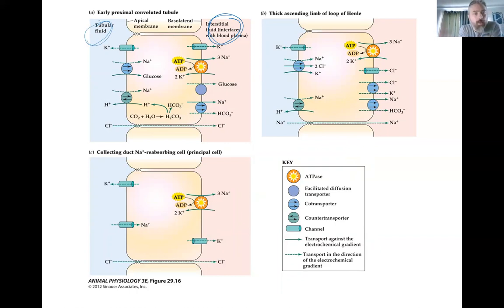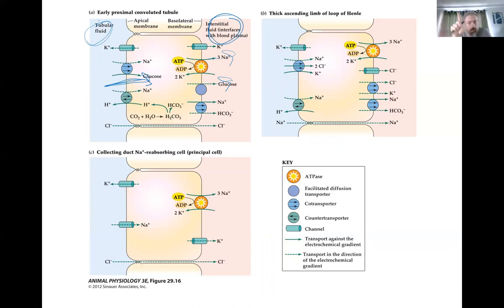We are actively pumping glucose back out of the tubular fluid to be resorbed. Glucose comes back out, bringing back in salt, we're bringing back in chloride. We're resorbing all of that stuff. I guess that's really the take-home message here, is that in this proximal convoluted tubule, all of our processes are really based around trying to take everything we just filtered out and dump it back into the blood.